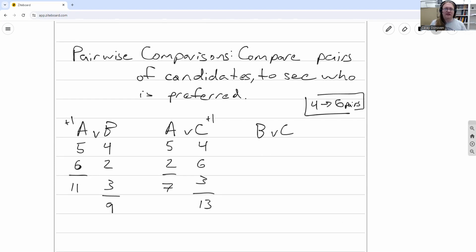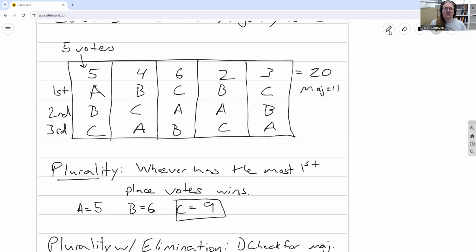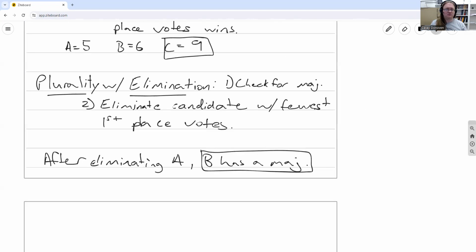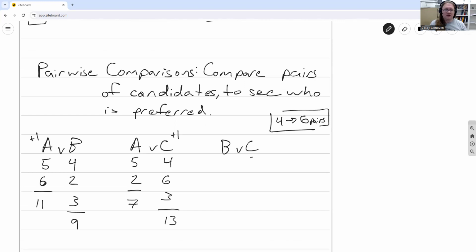And then likewise, we'll just have to check B versus C. So B versus C, B is ranked higher in the first column, B is ranked higher in the second column, and B is ranked higher in the last column. So C is only above B in the 6 and the 3, so that adds up to 9.